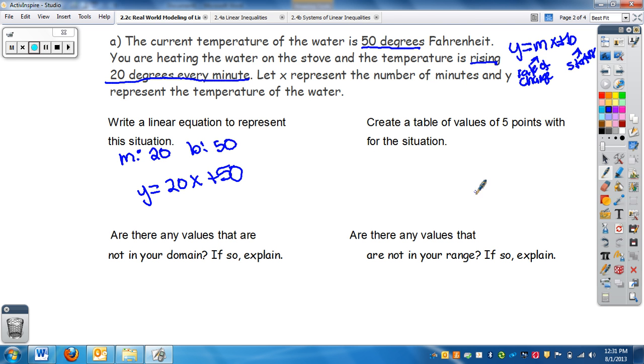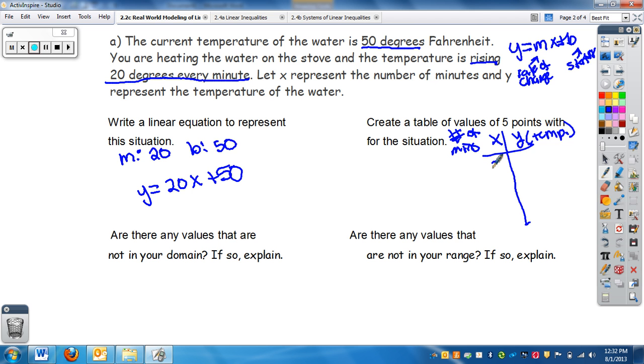So here I'm going to create a table of values of 5 points for the situation. So we have x and we have y, but they're not just x and y because we know what x and y stand for. x is the number of minutes, so I'm going to write the number of minutes next to it, just abbreviated. And then this is the temperature of the water. So what's the lowest number of minutes we can have?